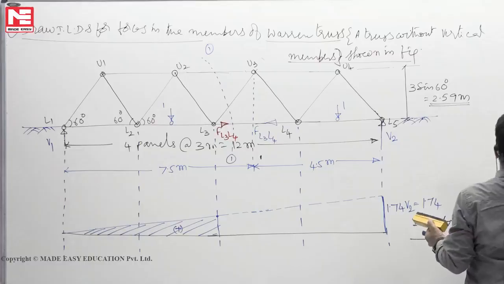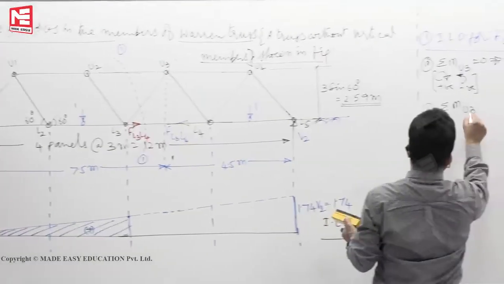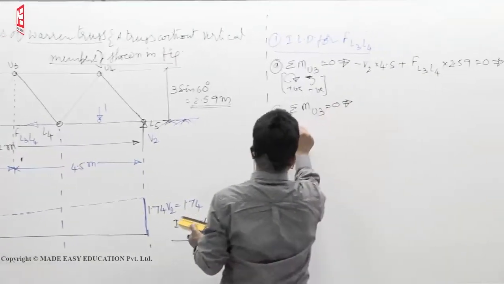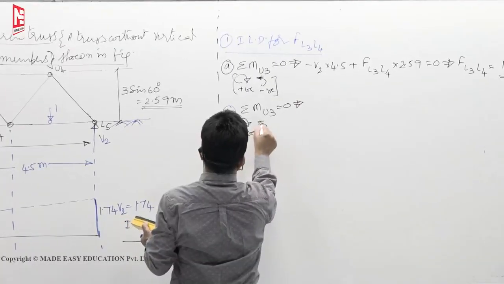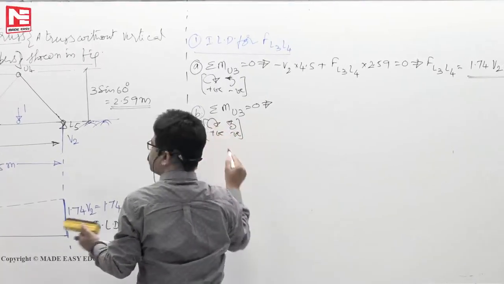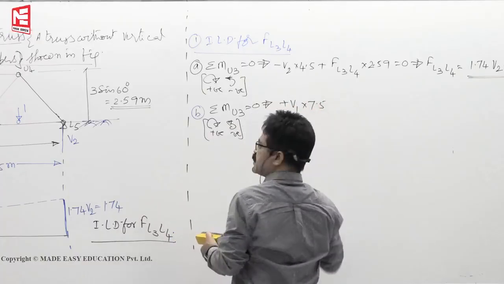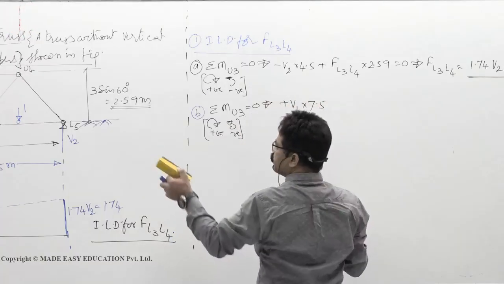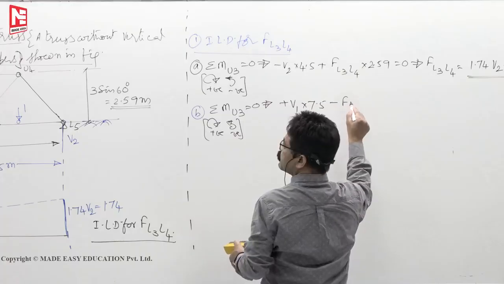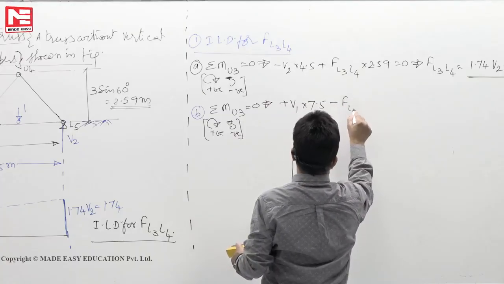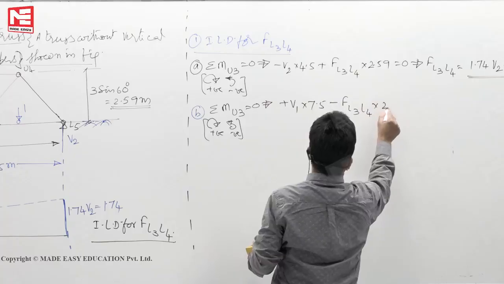Now take again same point, moments of all forces about U3 equal to 0. Clockwise positive, anti-clockwise negative. So plus V1 into 7.5 minus F L3 L4 into 2.59.